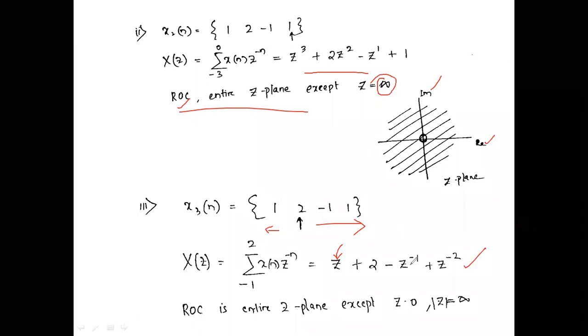These terms will go to 0, but this term will go to infinity. So x of z gives me an infinite value if z equal to infinity. If I substitute z equal to 0, then this is 0, this is 2. Here 1 by 0 is infinity.